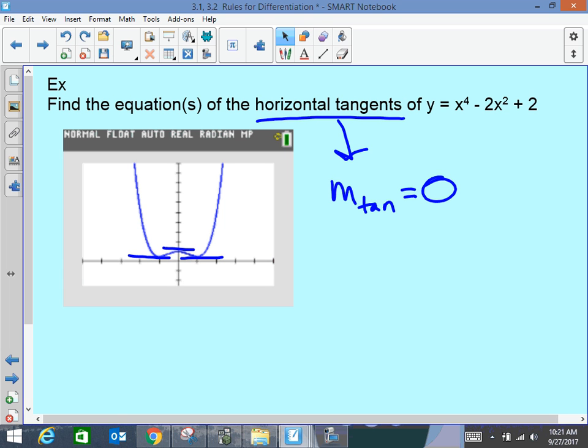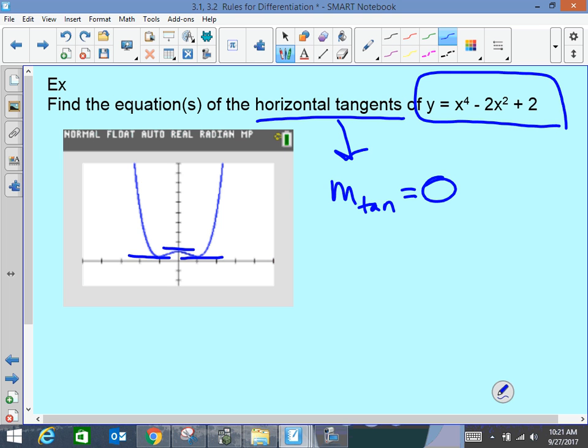Okay, so Elena says the slope of the tangent line is 0. So tell me what the slope of my tangent lines are supposed to equal. How do we decide 0? What's the slope of my tangent line of y? Okay.